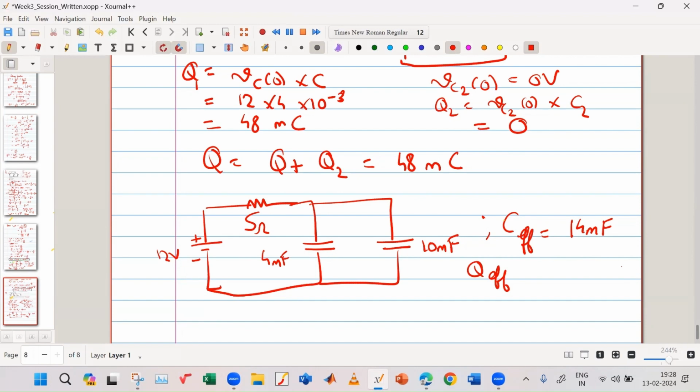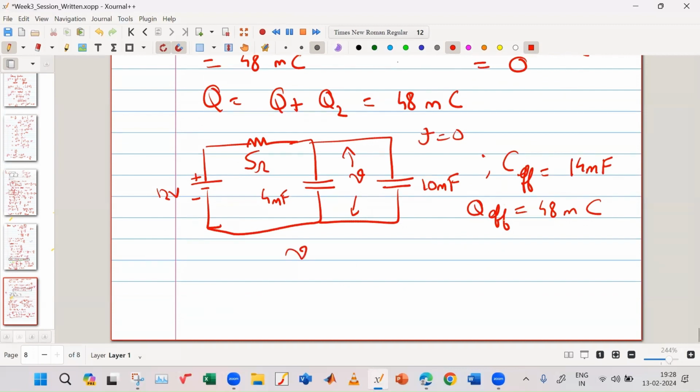Okay, so my charge cannot immediately change. At time t equal to 0, my charge cannot immediately change. So my charge will remain as 48 millicoulomb. Now I want to find my effective voltage over here. It will be equal to Q effective upon C effective, that is 48 millicoulomb upon 14 millifarad.